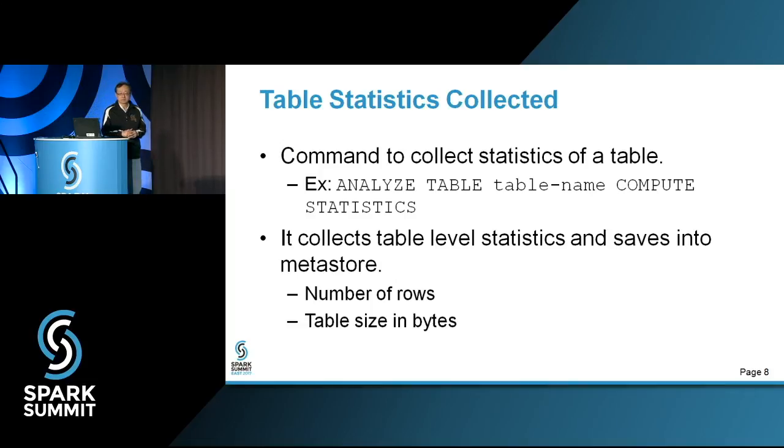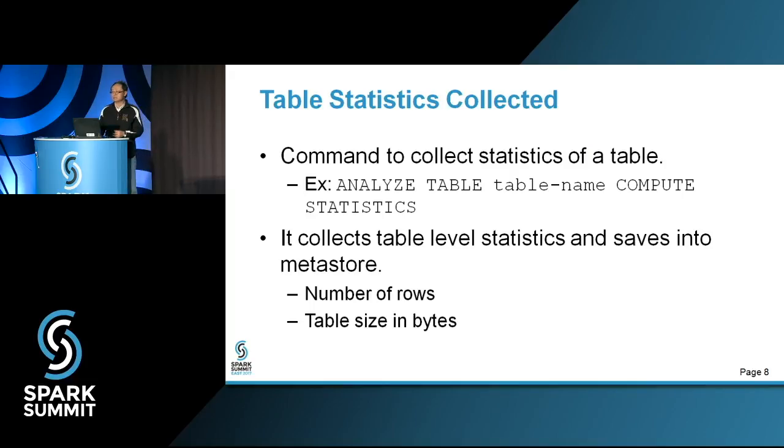How do we collect table level statistics? We support this command: analyze table, followed by the table name, and then compute statistics. Analyze table, compute statistics, are all keywords. It collects table level statistics such as the number of records and also the table size in terms of bytes.